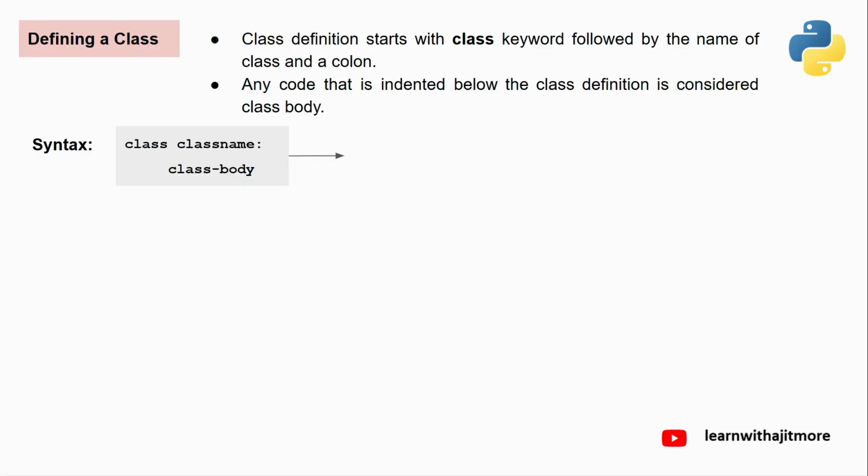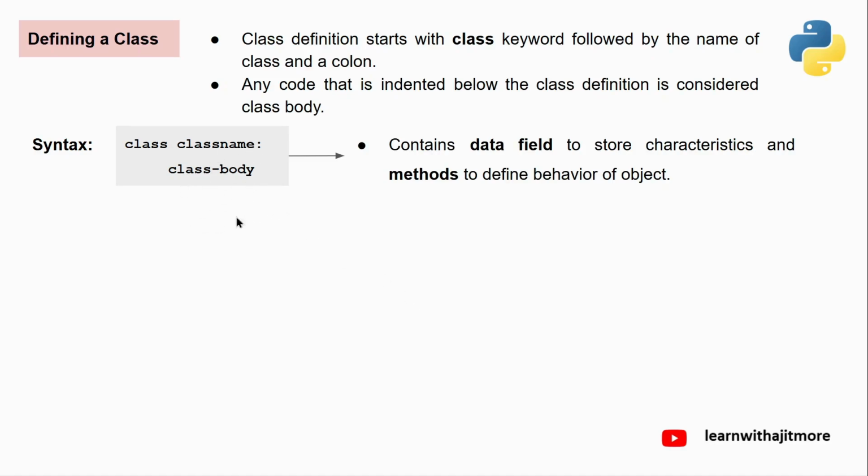That characteristic we call data, and the behaviors we call functions. Functions contain logic in which that data is getting accessed or manipulated. So generally this class body will contain the data to store the characteristics of the object and the methods to define the behavior of the object.